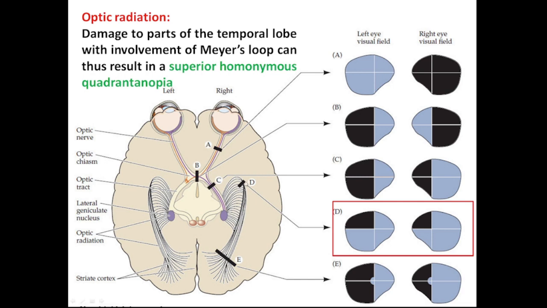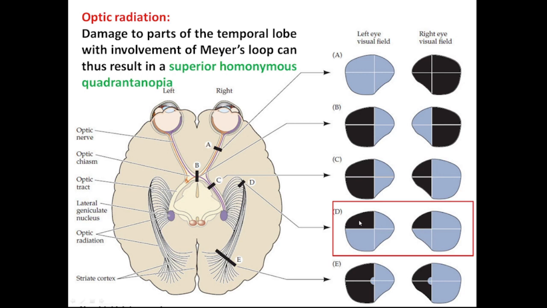If you damage the fibers of the optic radiation at the level of the temporal lobe, it will lead to defects in the quadrants, that is the temporal part of the left eye and the nasal part of the right eye. This is called superior homonymous quadrantanopia.